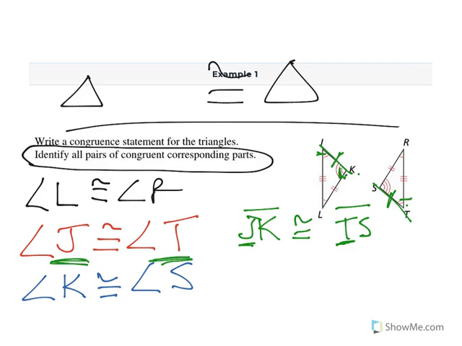So, that being said, let's then go to LK, which has two congruent marks, right?